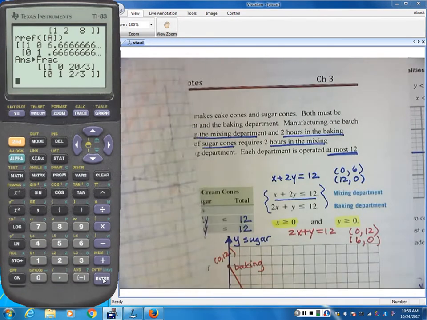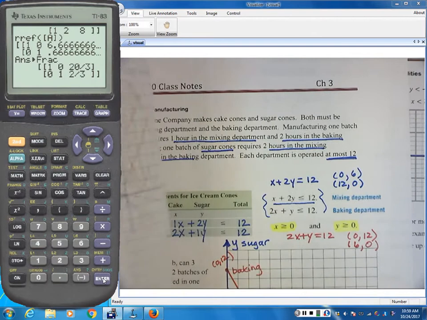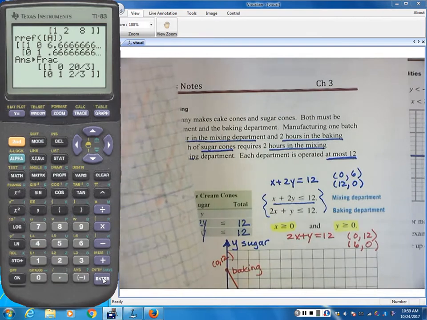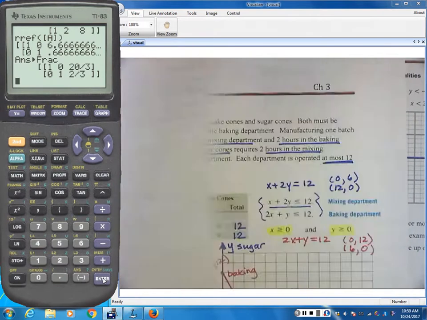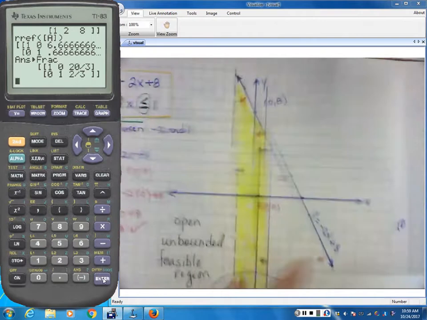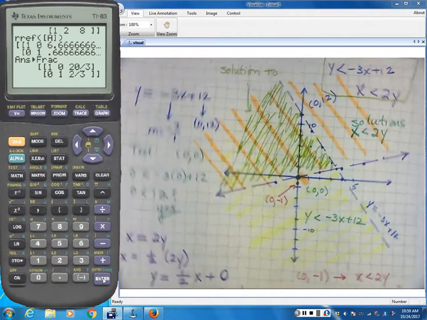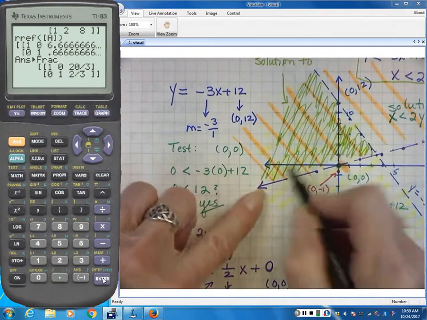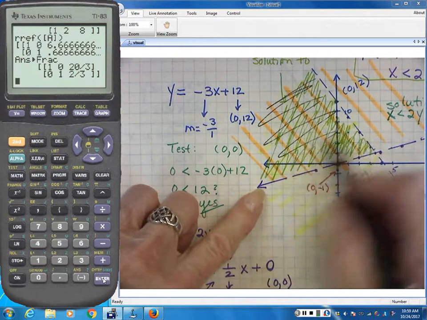And the same thing, let me find example 3. Okay, here's example 3. Example 3's feasible region is in here.